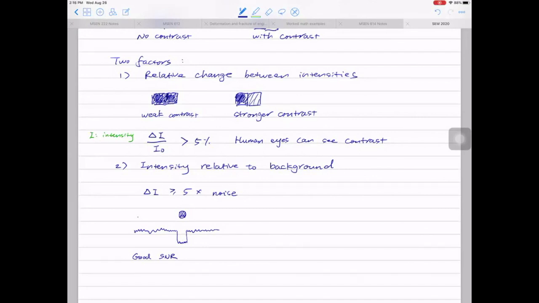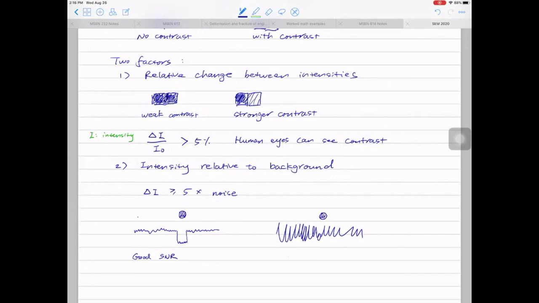If the noise is so large, even when you decrease the signal locally, the decrease in signal can be buried in the noise.